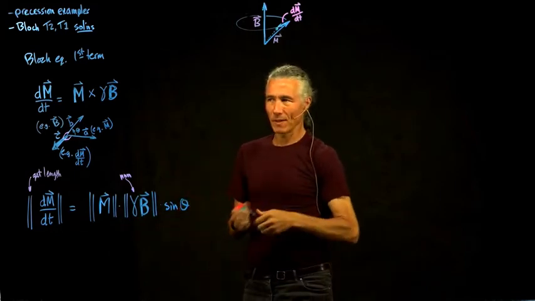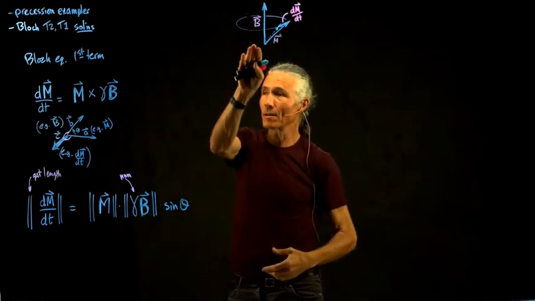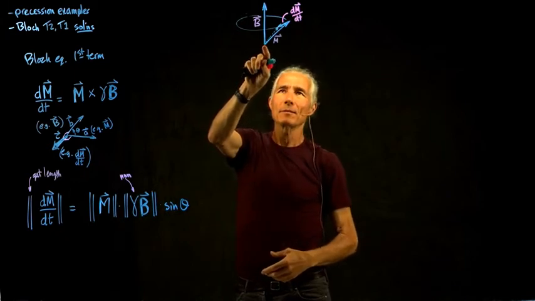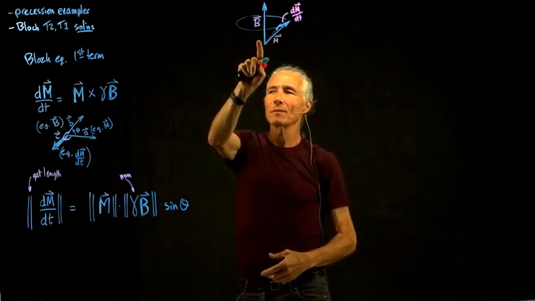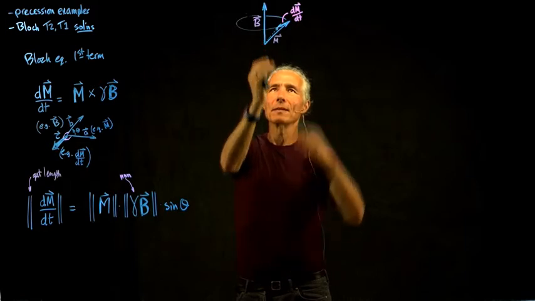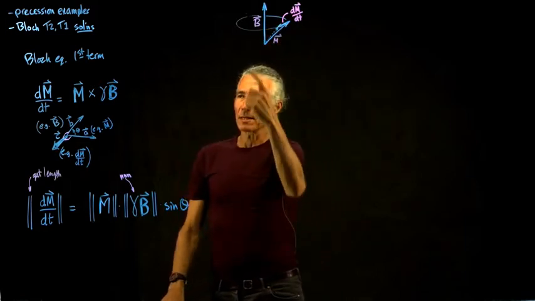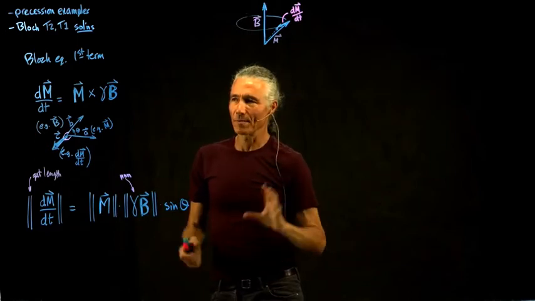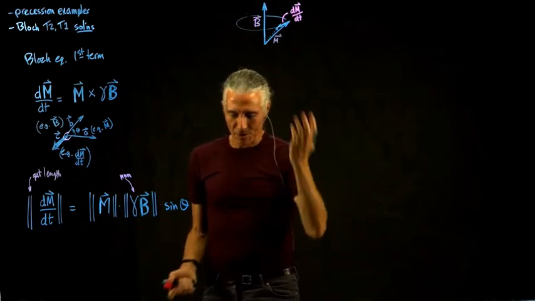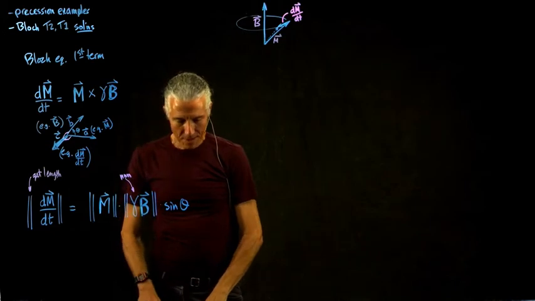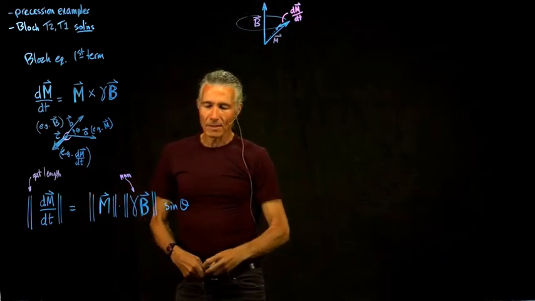And then once you get that next m vector, you have to replug it into the equation, because now the cross product between the m vector and the b vector will have changed. It will have rotated a little bit, and it drives the precession around in a circle forever, if there's no other sort of change. So that's the starting condition.